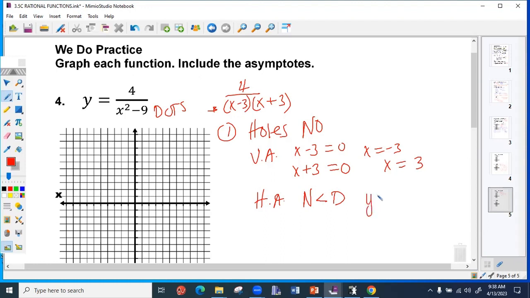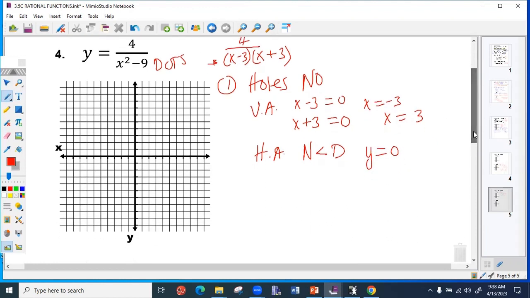Your horizontal asymptote is at y equals 0. So those are my discontinuities. I have a vertical asymptote at -3, a vertical asymptote at +3, and a horizontal asymptote at 0.